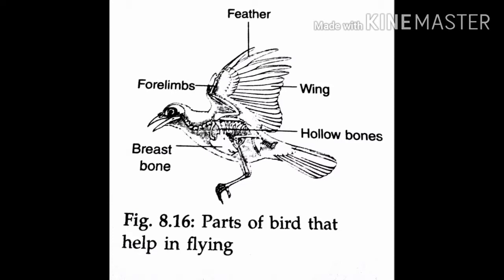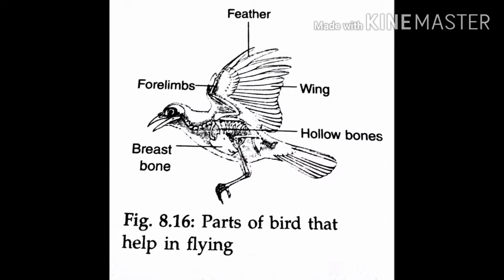In the same way, birds also fly with the help of their wings attached to their bodies. Birds have feathers on their body which make the body light. Their forelimbs are modified into wings.